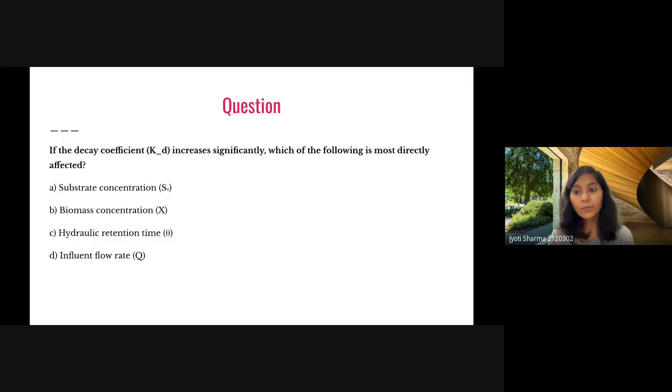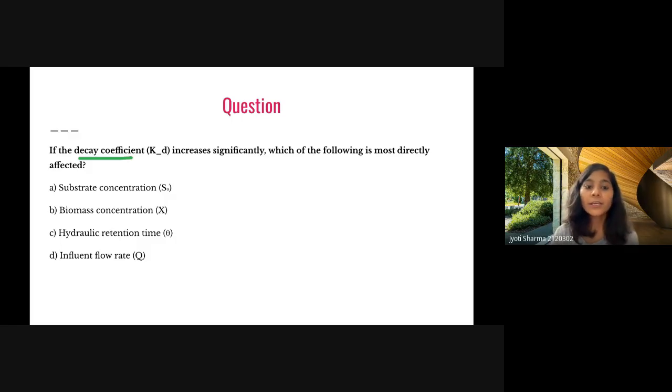Okay, because we know that whatever organism we have, that organism will also die. At what rate they are dying is also important for us to see the efficiency of this activated sludge, right? So for that, we have one terminology that is known as the decay coefficient.